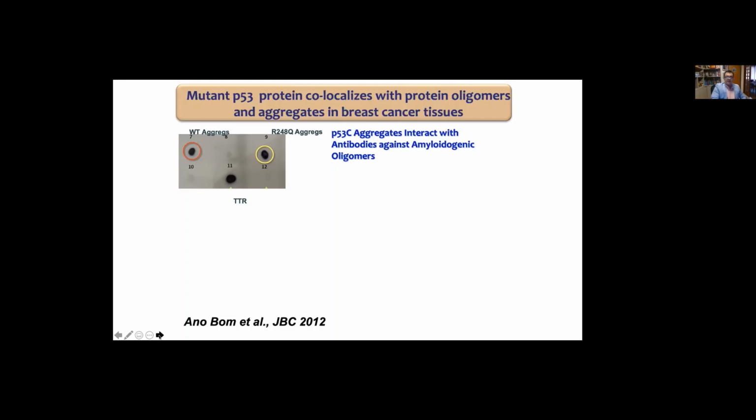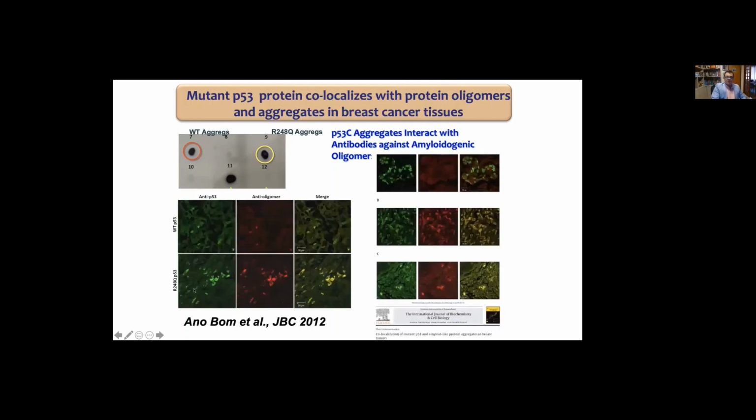So we decided to go not only to tumoral cell lines, but also to biopsies.